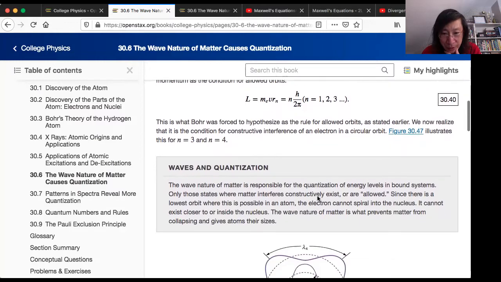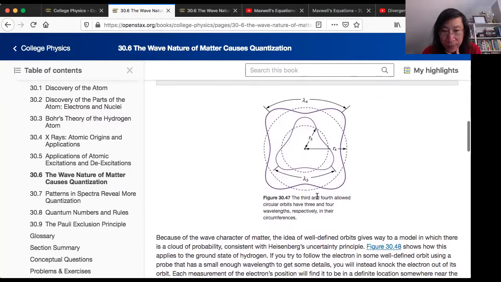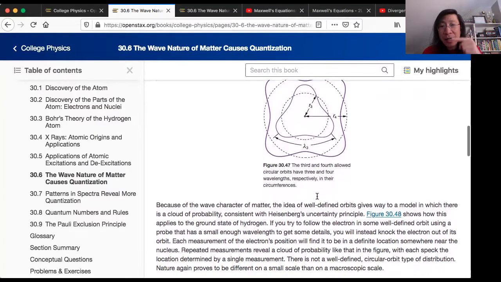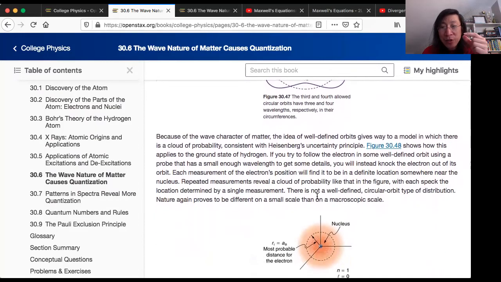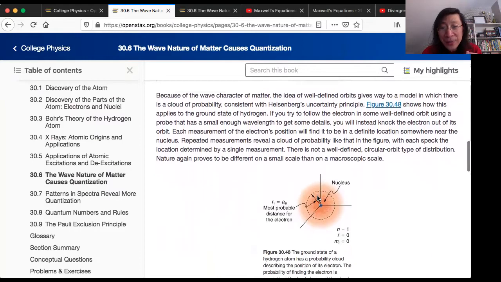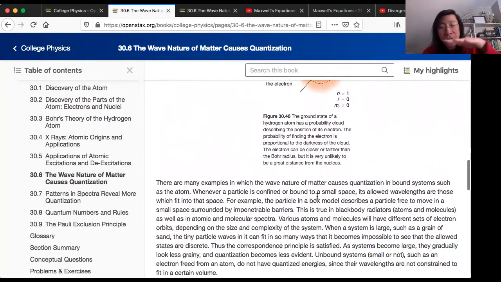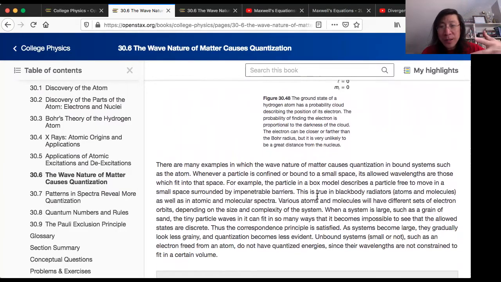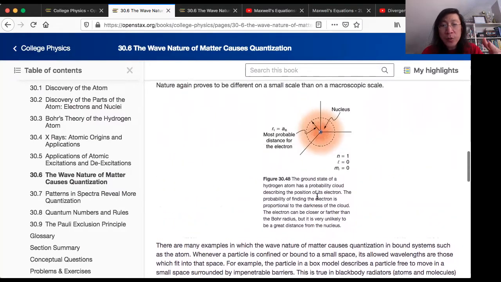So atoms, when they have electrons orbiting around them, basically only have certain energy levels or certain positions where the electrons can stay. They jump around as a result. When they're in other parts where the waves are interfering destructively, those parts of the atom are parts where the electron cannot be. On the other hand, if they are constructively interfering as waves, then those are areas where the electron can be.